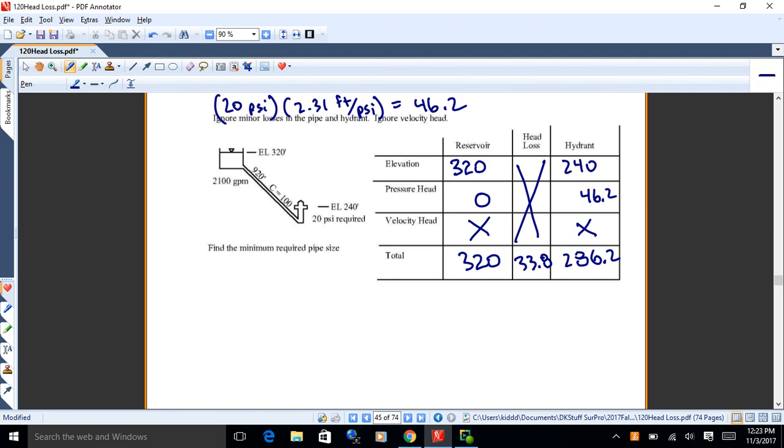So I'm getting the same table that I got before. And I'm going to get the same head loss per 100. It's 3.67 because it's the same situation. All right.